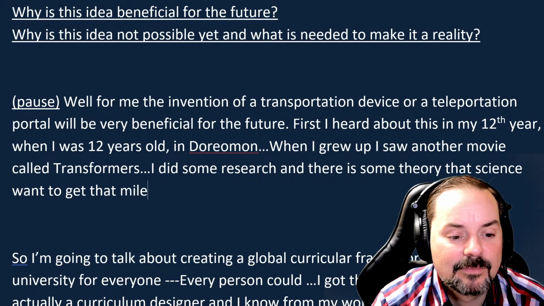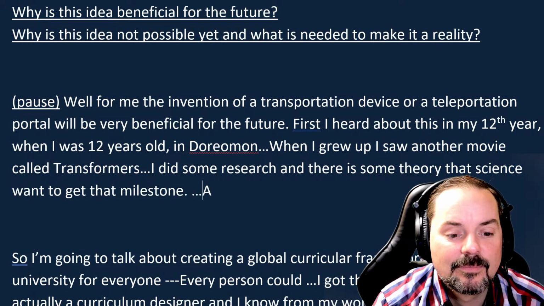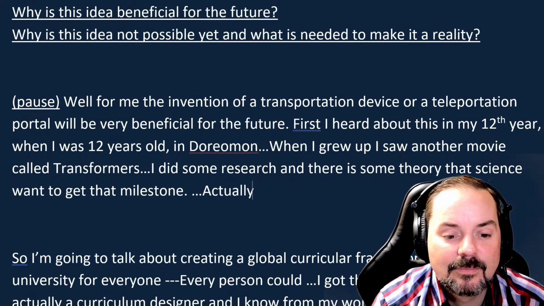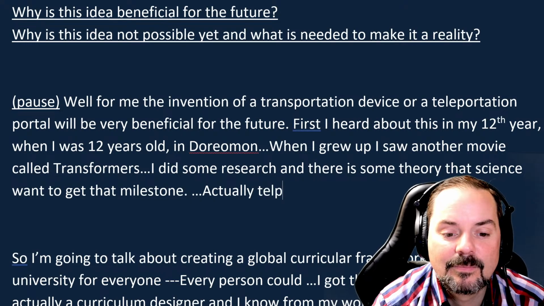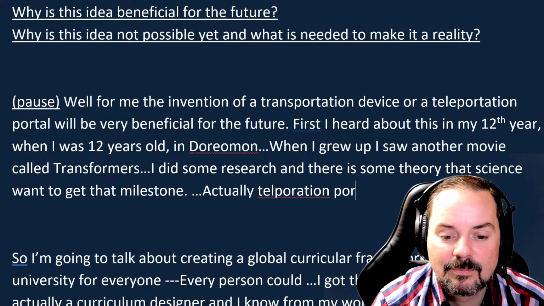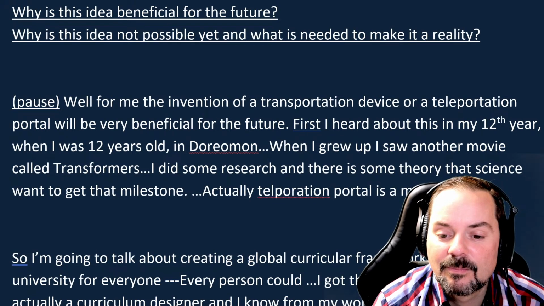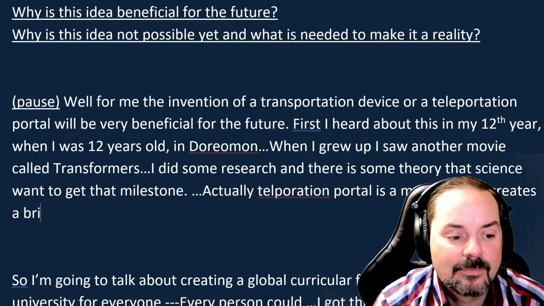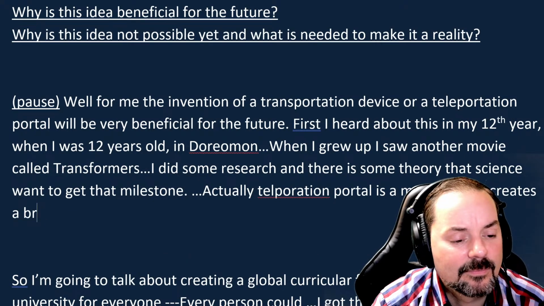Actually, a teleportation portal is a machine which creates a bridge, a gate between two places, and it helps us to shift places within just a second.